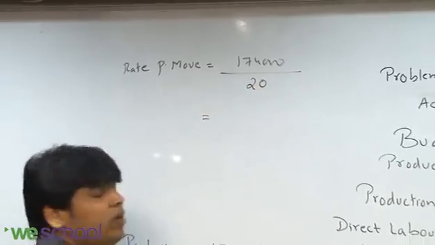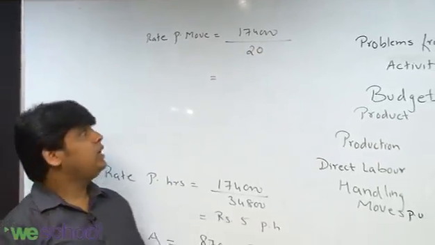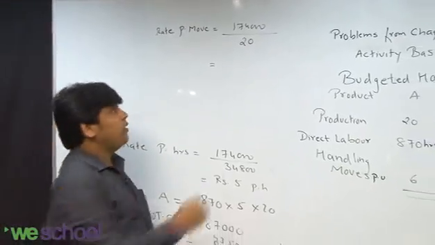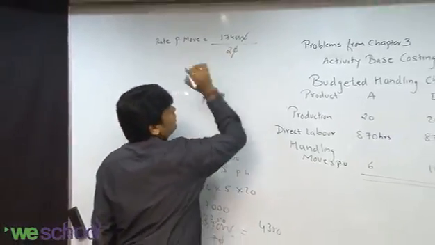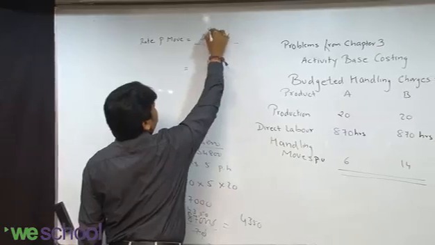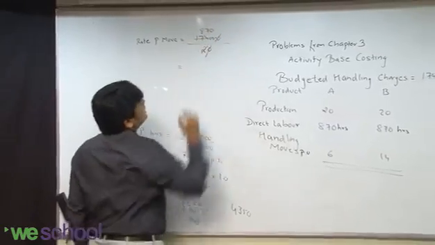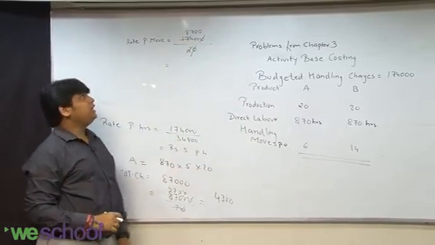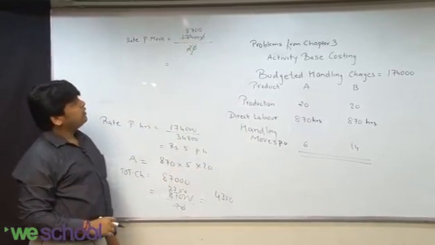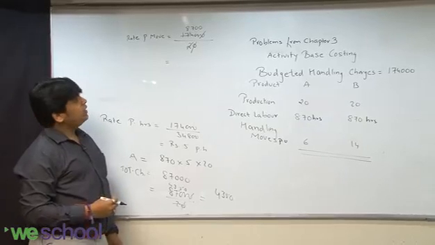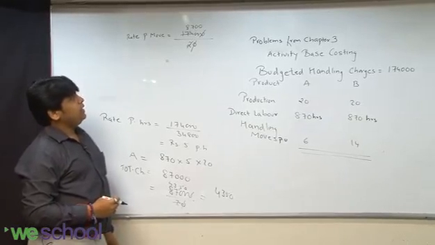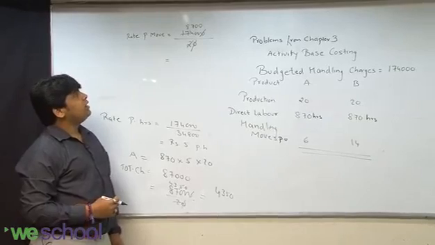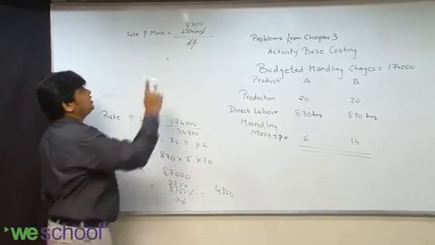So now can you give me the rate per move? 2 8s are 16, 2 7s are, I think 8,700 rupees. If I am not wrong, please correct me. It is 8,700. Yes, so this is per move.